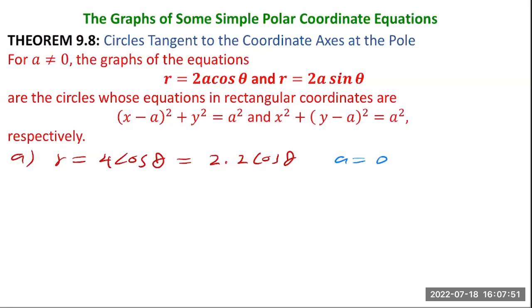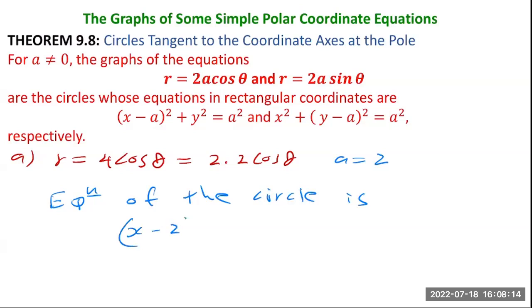If the value of a is 2, you can find the equation of the circle using this theorem. The equation of the circle is given by x minus a squared plus y squared is equal to a squared. So the equation of the circle is x minus 2 squared plus y squared is equal to 2 squared.